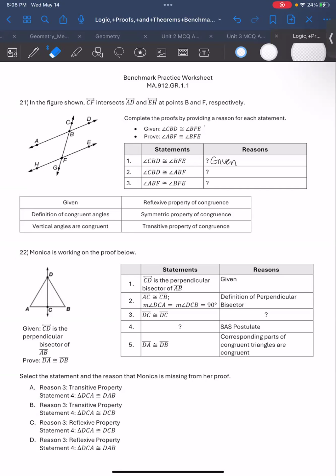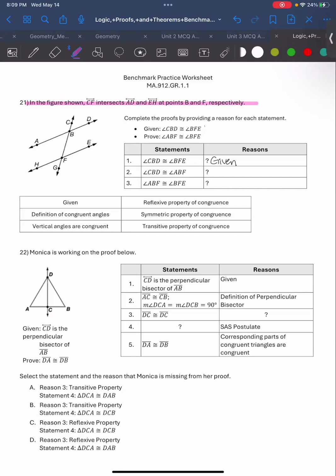You might also see it up here: in the figure, CF intersects AD and EH at points B and F. They might say, not in this example but in another one, bisects, right? That means that it goes right into the middle. Or they'll say this figure is a parallelogram. So then you use that information as given. Oh, okay.